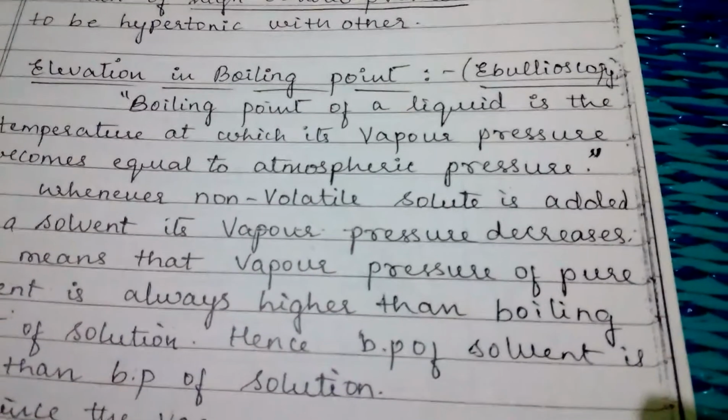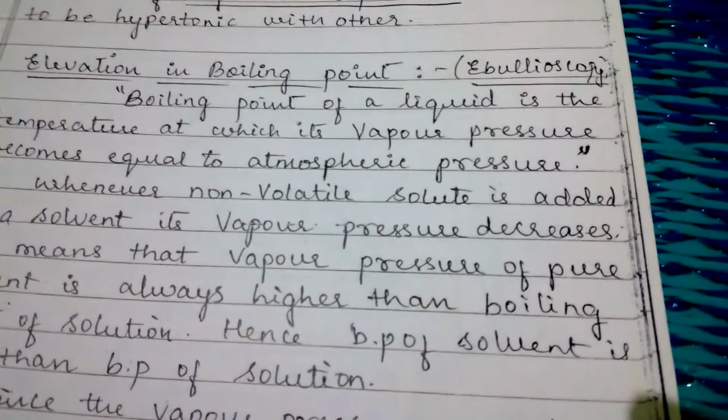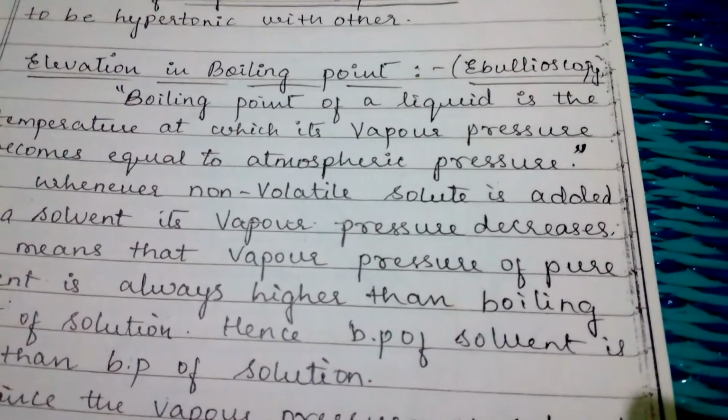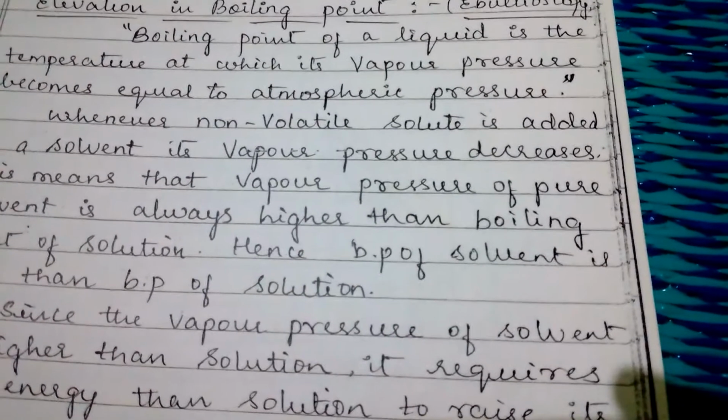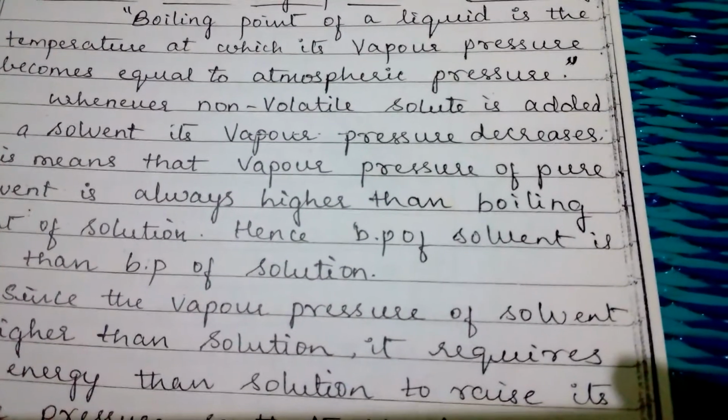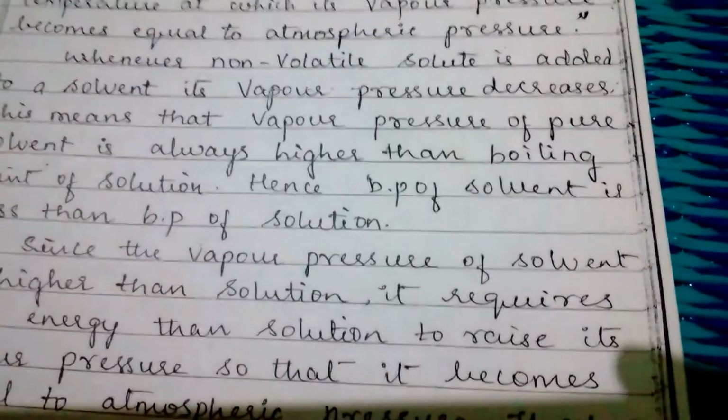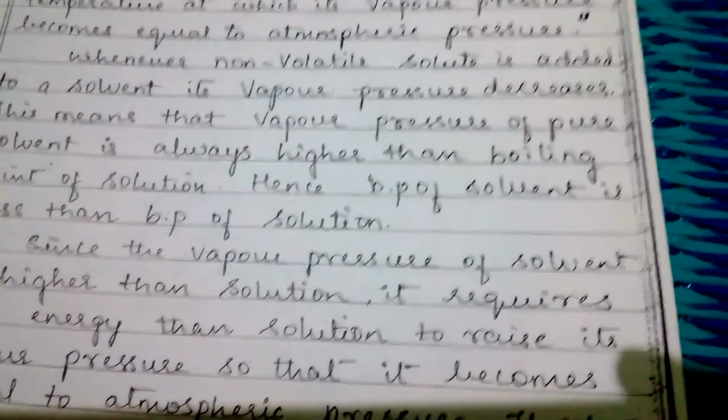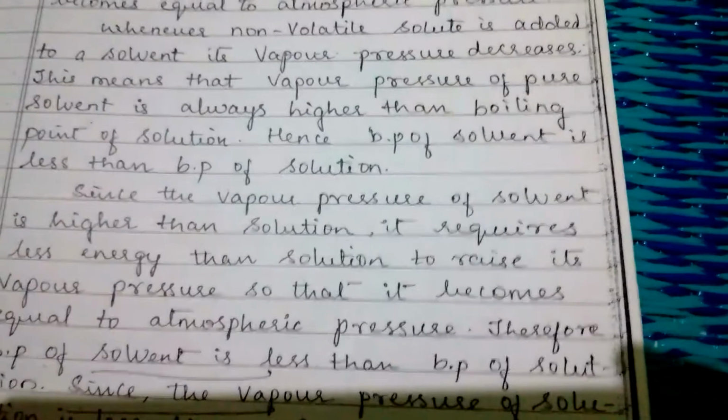Now let us discuss the next topic, elevation in boiling point, or ebullioscopy. The boiling point of a liquid is the temperature at which its vapor pressure becomes equal to the atmospheric pressure. Whenever a non-volatile solute is added to a solvent, its vapor pressure decreases.